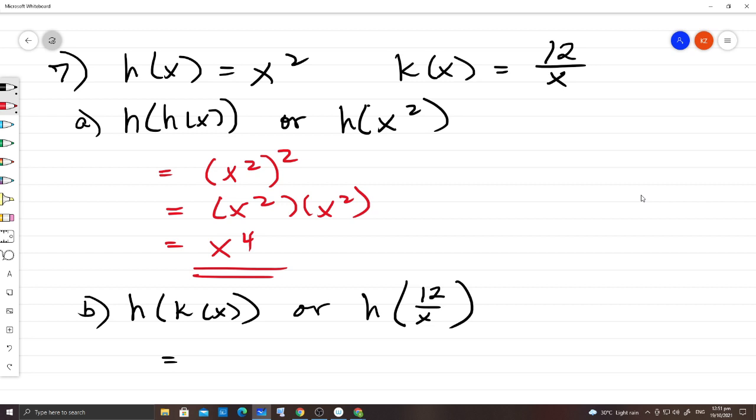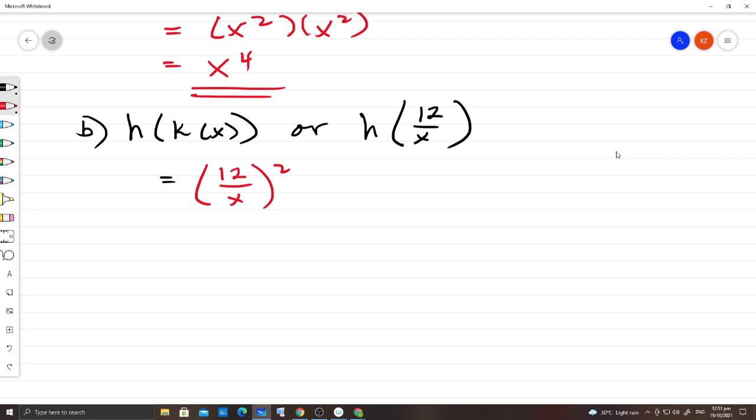So our h is x squared, so 12 over x, power of 2. So what is 12 times 12? 144, am I correct? Yeah. 144 over x to the power of 2.